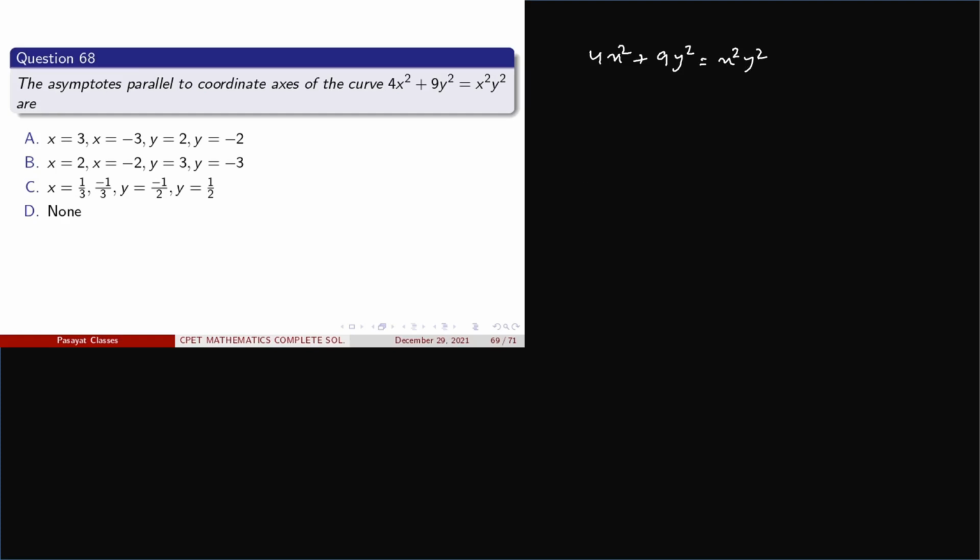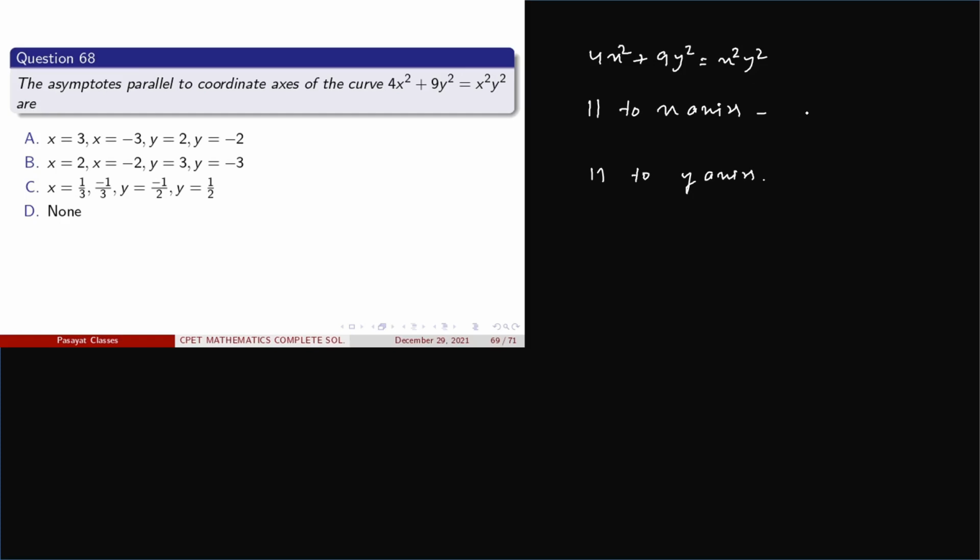Parallel to coordinate axes: first we have to find the asymptotes parallel to the x-axis, and parallel to the y-axis. We know the asymptote parallel to the x-axis can be evaluated by equating the coefficient of the highest power of x to 0. So here observe that the highest power of x is x square and the coefficient is 4 and y square.